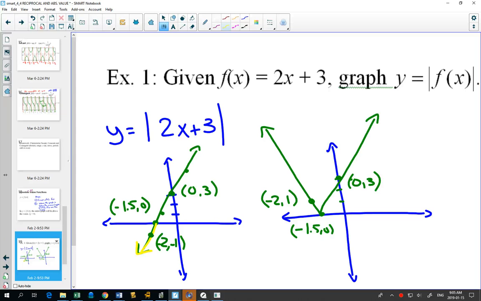I think this is an easier method than using transformations. If you wanted to do transformations in this equation, absolute value of 2x plus 3, well, your parent graph would be the absolute value of x. What does the 2 do? Horizontal compression. You'd multiply all of your x values by a half. What does the 3 do?